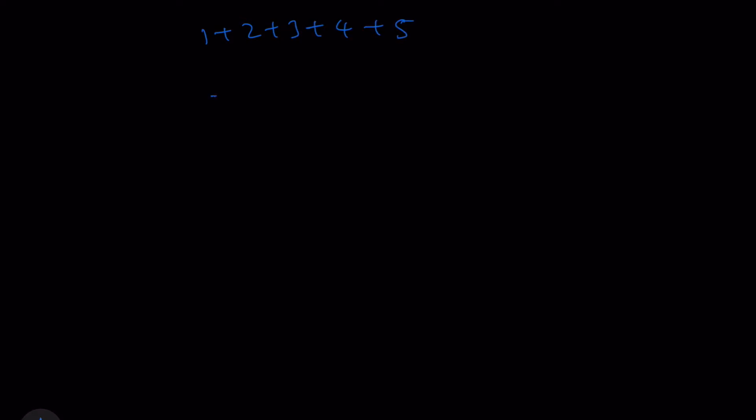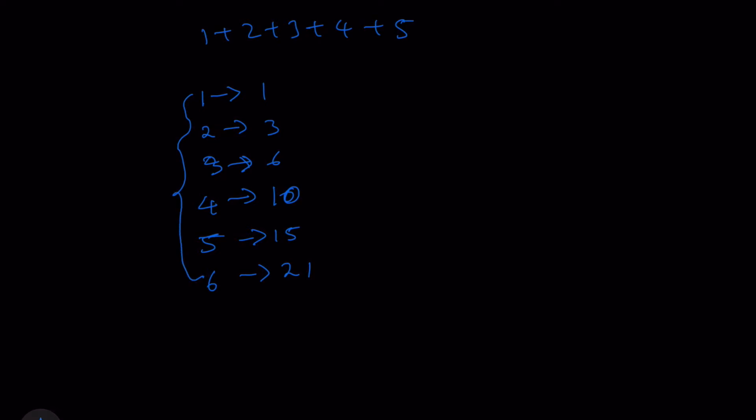The first triangular number would be 1, second one is 3, third one is 6, fourth one is 10, fifth one is 15, sixth one is 21.